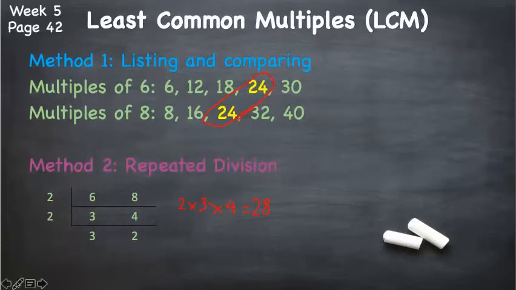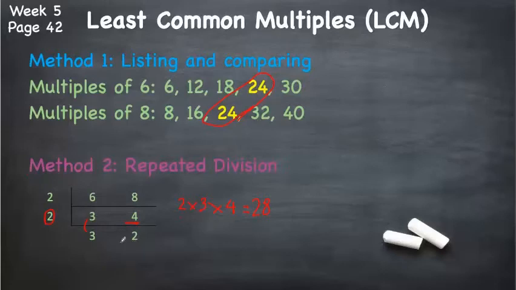Since we can't divide two of these numbers equally, we can still divide 4, right? So all we have to do, if 3 cannot be divided anymore, is bring it down and then divide 4 by 2, right? 4 divided by 2 is 2 right here.